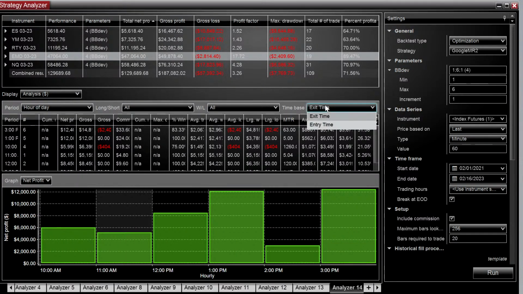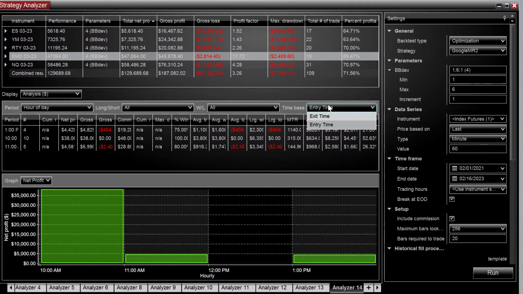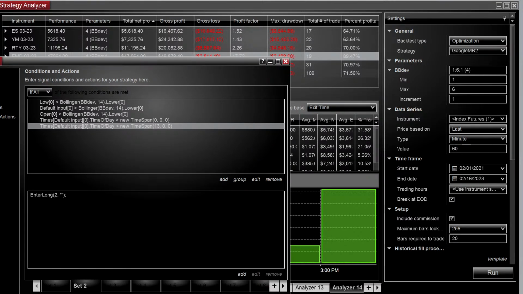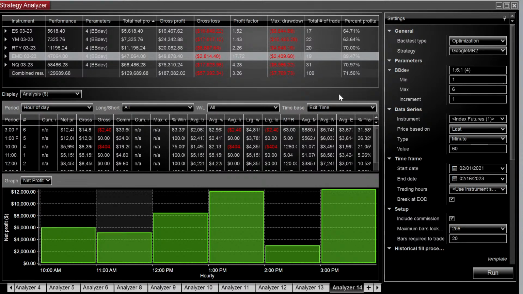Ugh. How to set the exit time. Instrument settings.